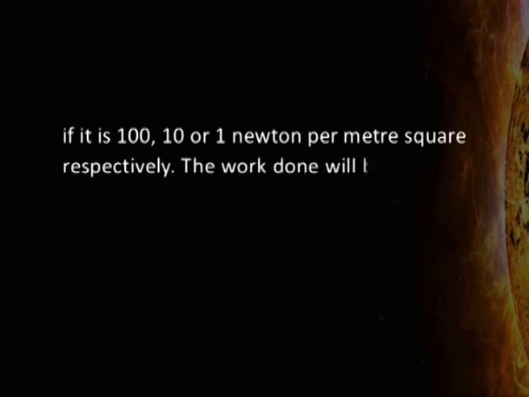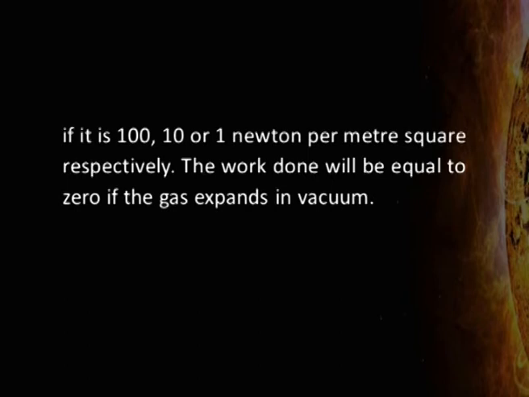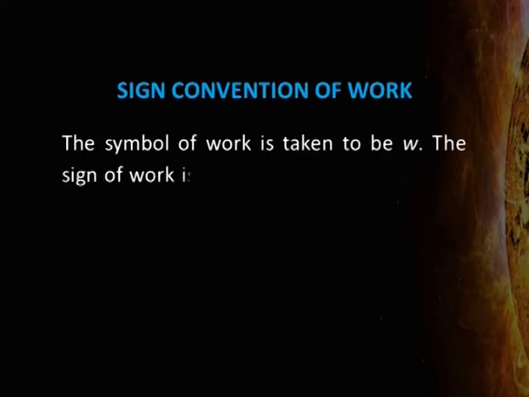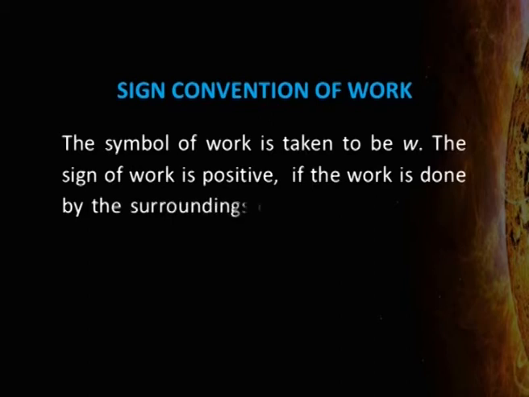The work done will be equal to 0 if the gas expands in vacuum. The symbol of work is taken to be W. The sign of work is positive if the work is done by the surroundings on the system.